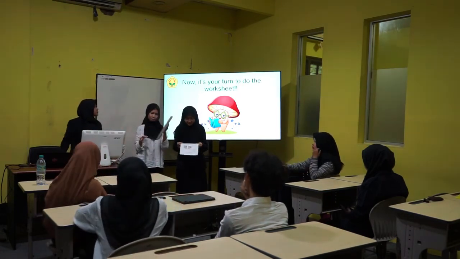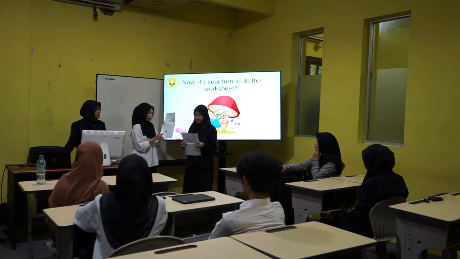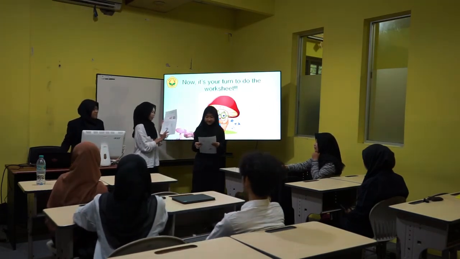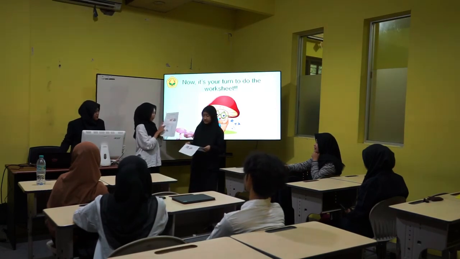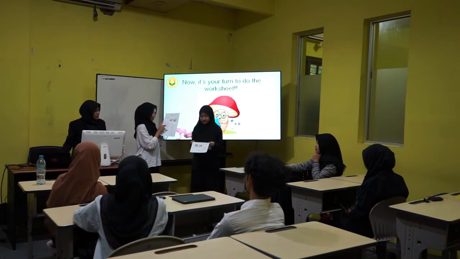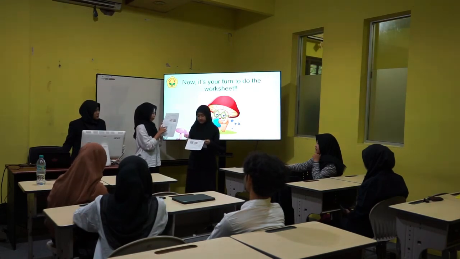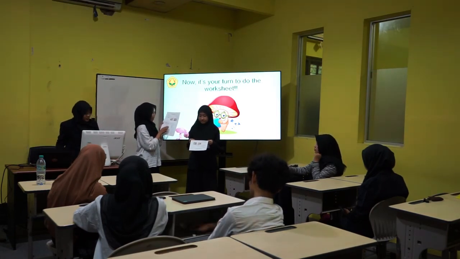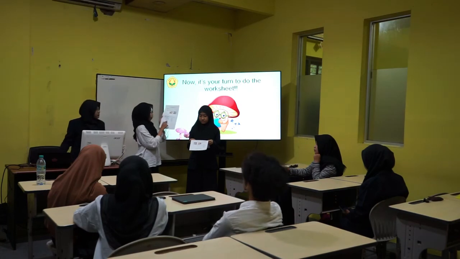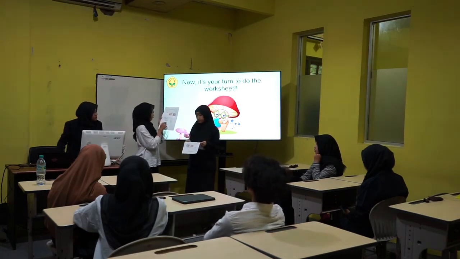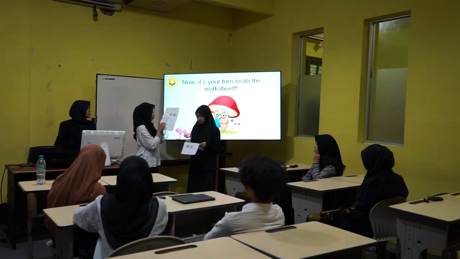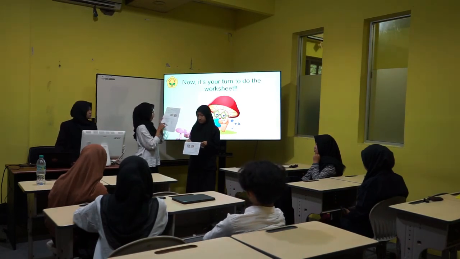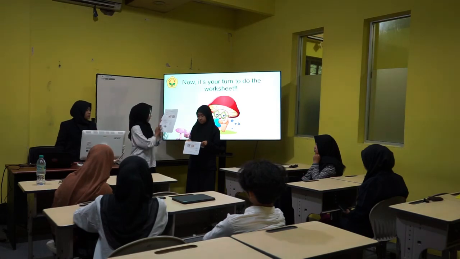Okay, next, Lela. Okay, number 2 in this worksheet, there is a structure of fungi, and number 1 is cap, and number 2 is scales, and then number 3 is gills, and then number 4, we can call it ring, and then number 5 is stem, and then number 6 is cup, and the last one, number 7, is mycelium.